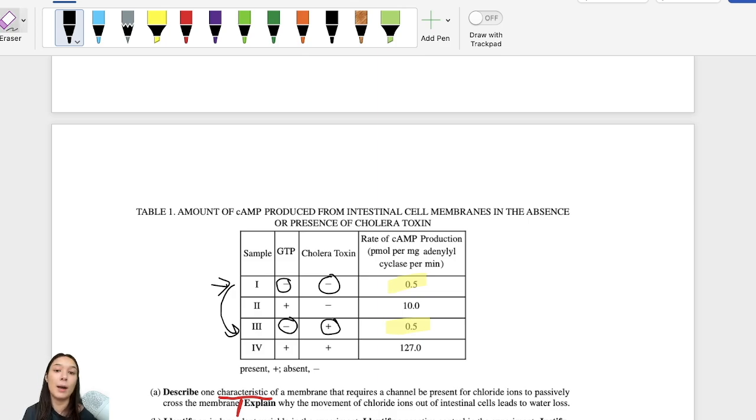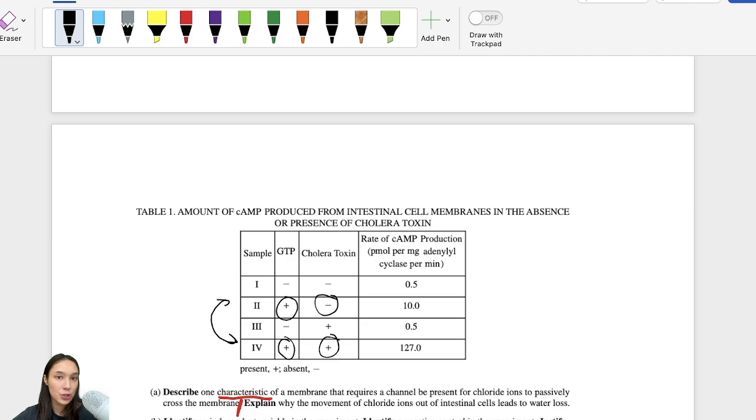The other thing that I could have said as well for my comparisons is 2 and 4. Okay, those ones can also be compared to each other, right? Because they're both positive for GTP, but number 2 is negative for the cholera toxin. So the only difference between these ones is, again, 4 has cholera toxin and 2 does not.